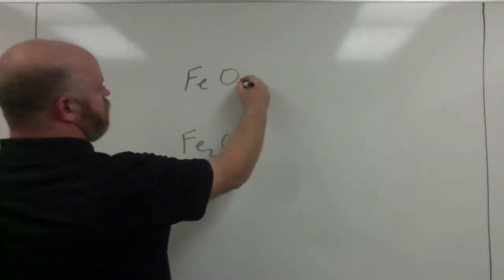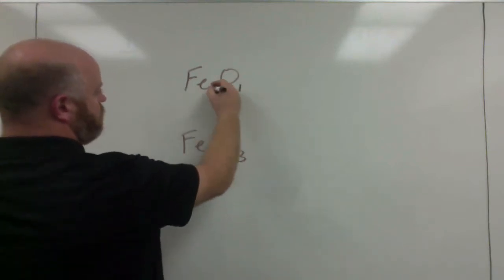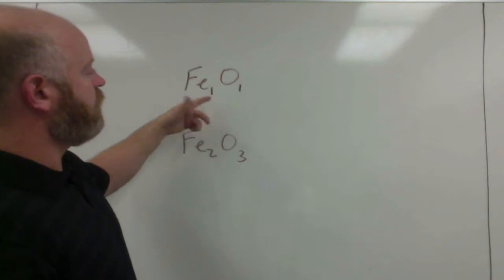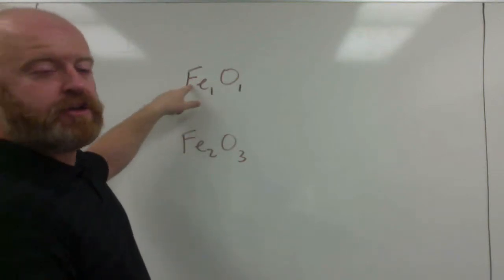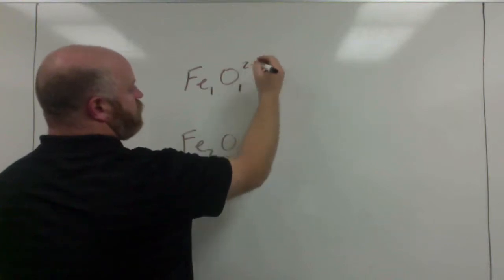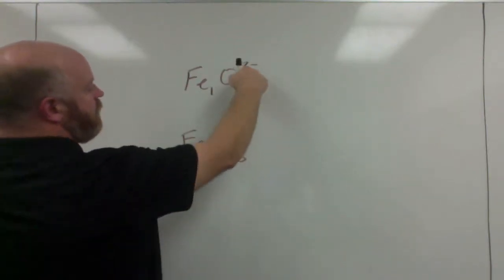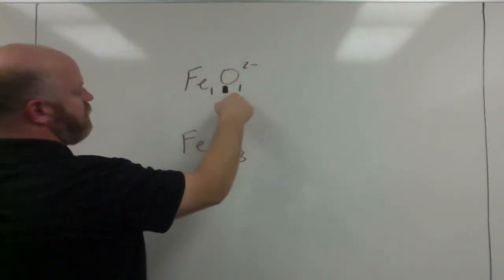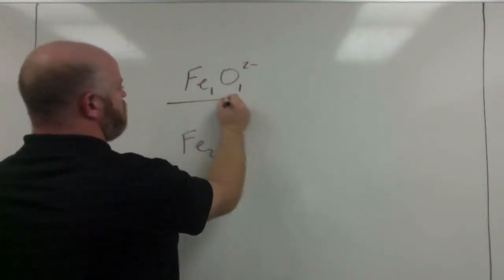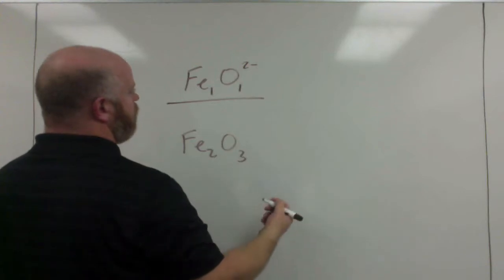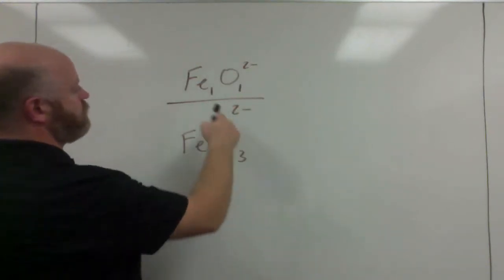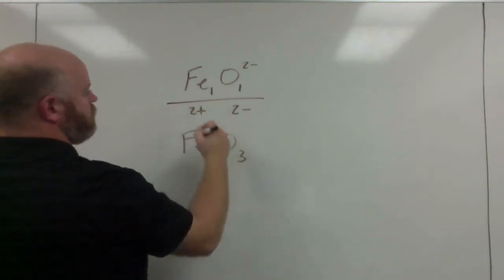So oxygen is a 1 ratio, and iron also is a 1 here. We have 1 oxygen to 1 iron. Okay? Again, we don't know iron's charge, but we do know oxygen's charge. Oxygen's charge is a 2 minus. And if you have a 2 minus, and it takes one of these to balance out one of these, we have one of those, so the total negative charge is a negative 2, which means the total positive charge has to be a plus 2.